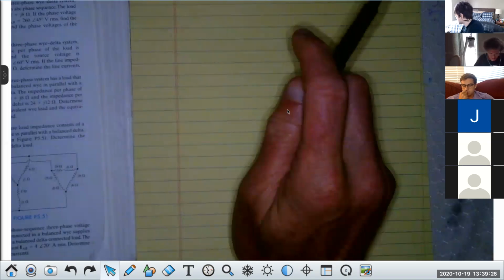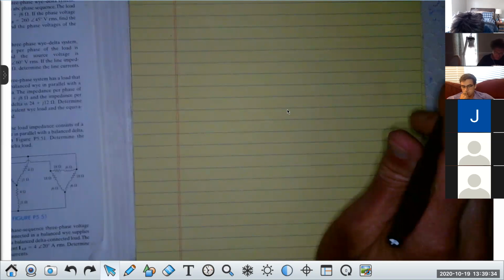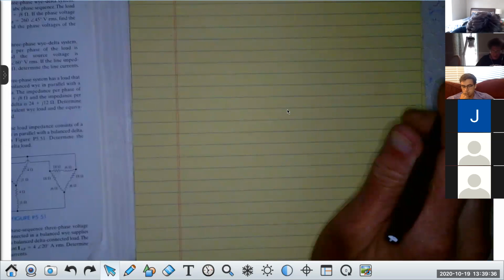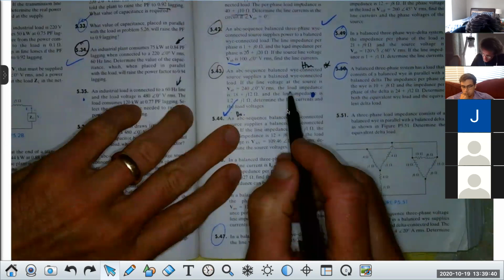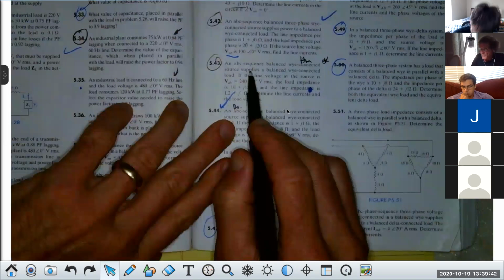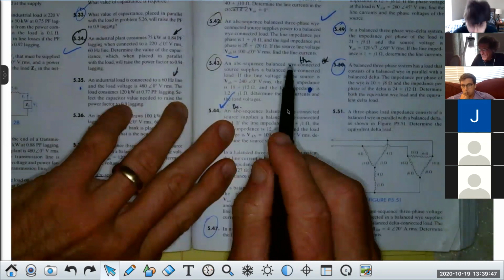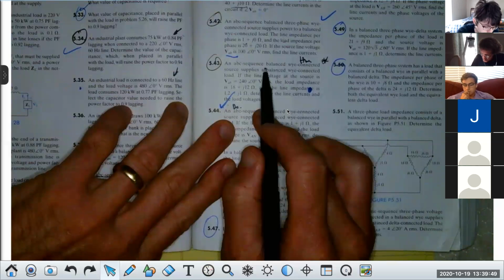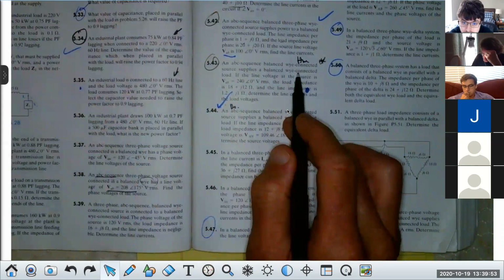Now, next thing that we're going to do is I'm going to jump to 43. All right, now let's look at this before you do anything. Please, everybody with me. An ABC sequence balanced Y-connected source supplies a balanced Y-connected load.